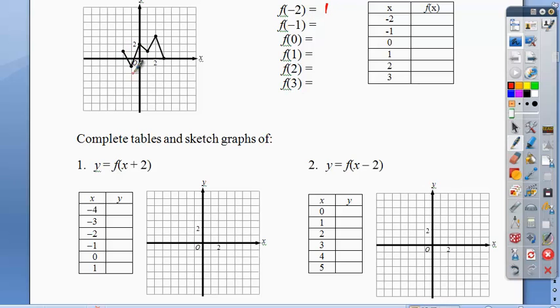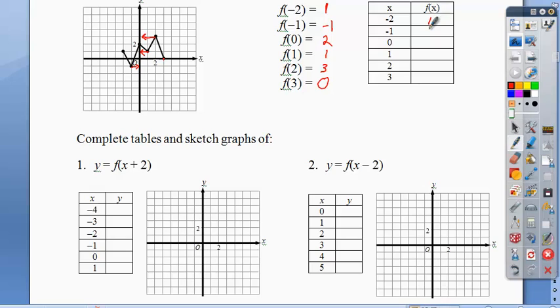Then I go to -1, and I see that my y value is down here at -1 as well. When x is 0, my y is 2. When my x is 1, my y is also 1. When my x is 2, I come up here and I see that my y value is 3, and at 3, my y value is 0.